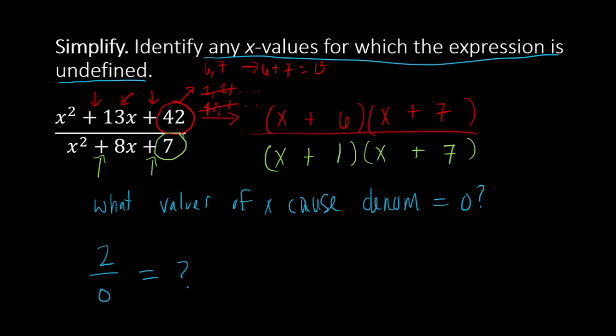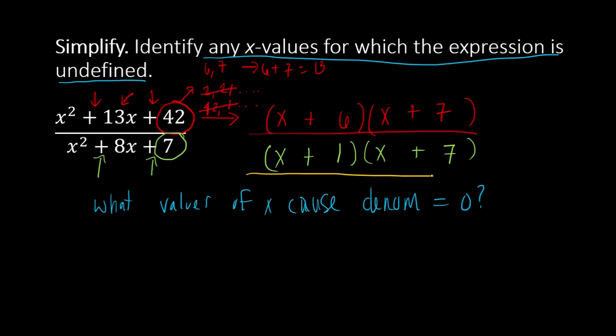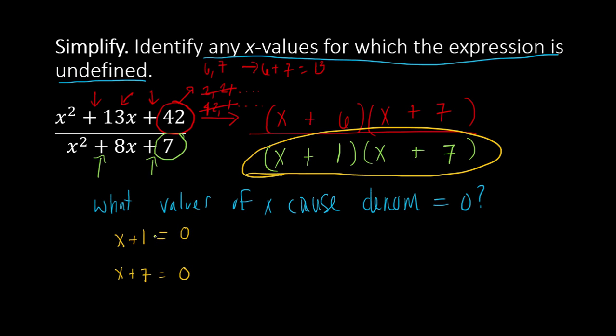So we need to know what values of x are going to cause that to happen, and we're going to call our function undefined for those values. So I consider my denominator, and I'll split each term and consider it separately. So I have x plus 1 and x plus 7. I want to know what value for x will cause the equation to equal 0.